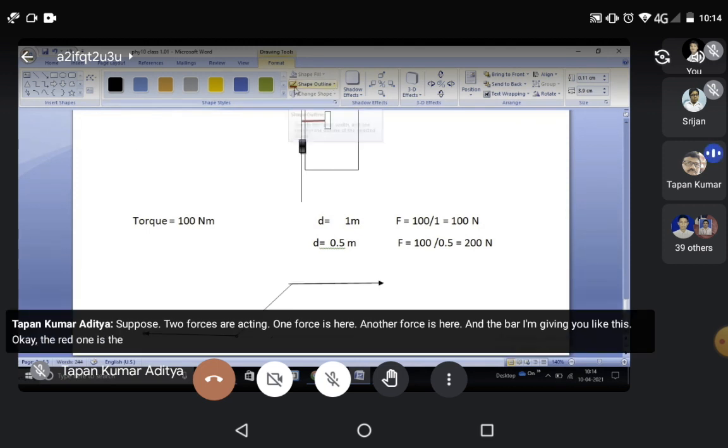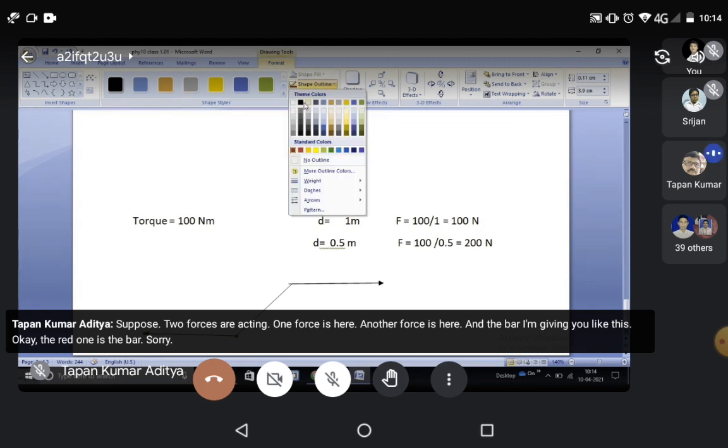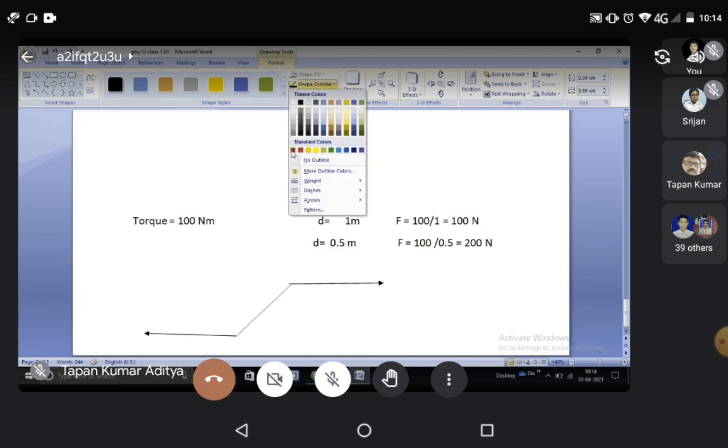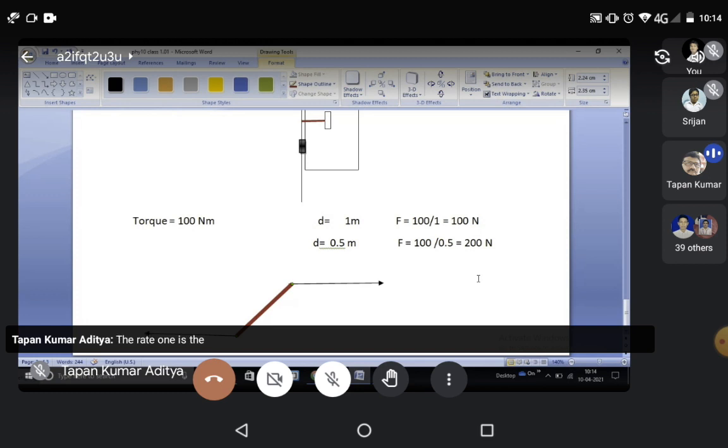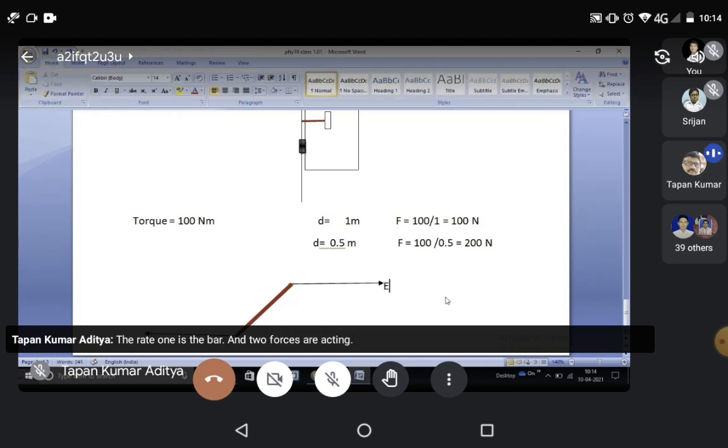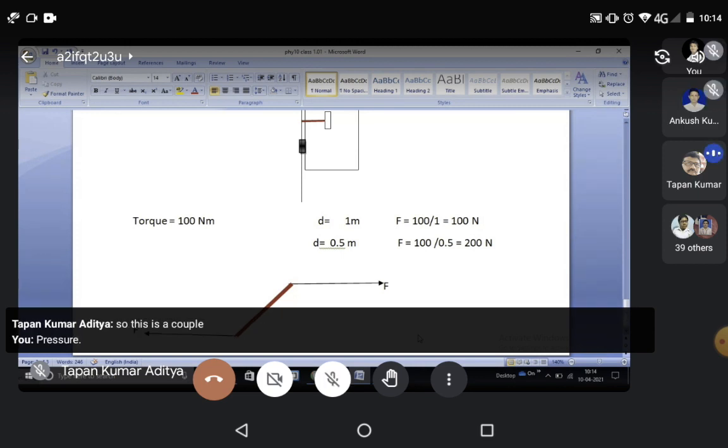Okay, the red one is the bar, and two forces are acting. Suppose F and this is F. Is this the example of a couple? Yes or no? Yes, sir. So this is a couple.